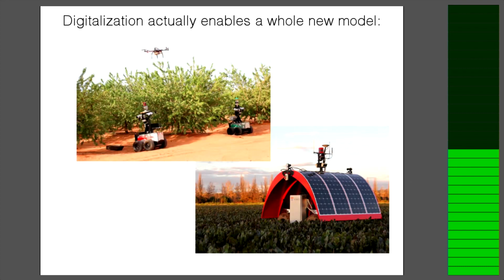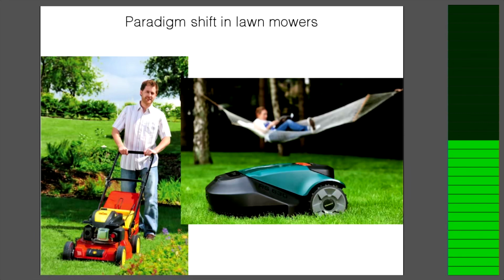But some people are already working in a different direction. They see that the digital revolution can change the model completely. And there is a paradigm shift that we can use as a model that is already happening. The old model in lawn care is that I cut the lawn every 2 weeks.